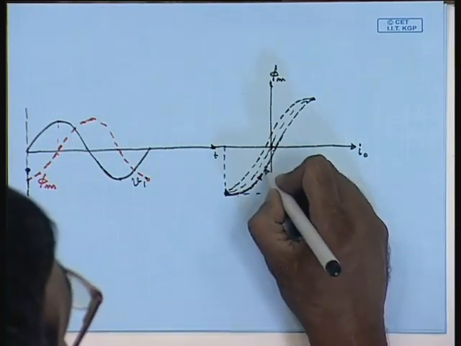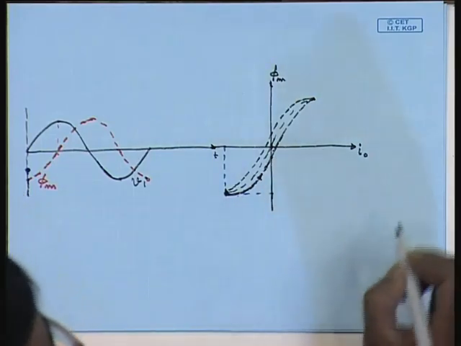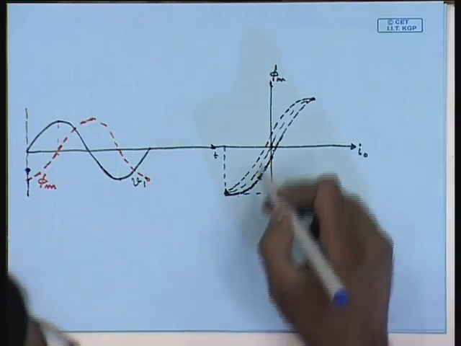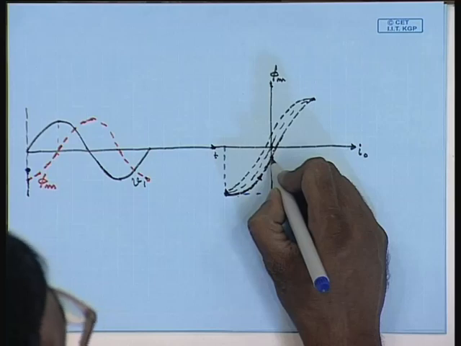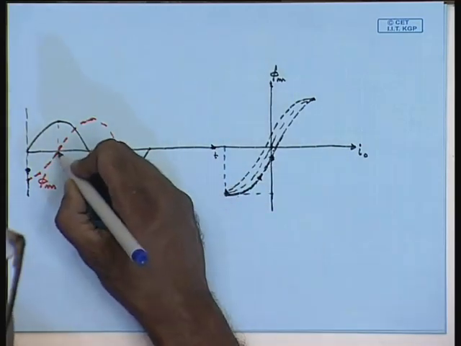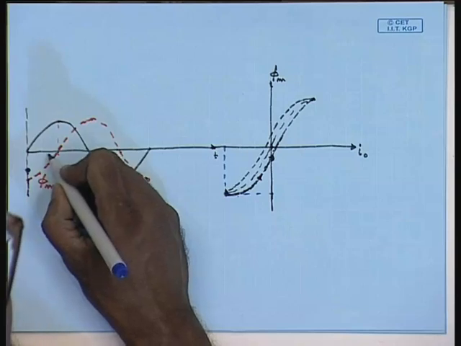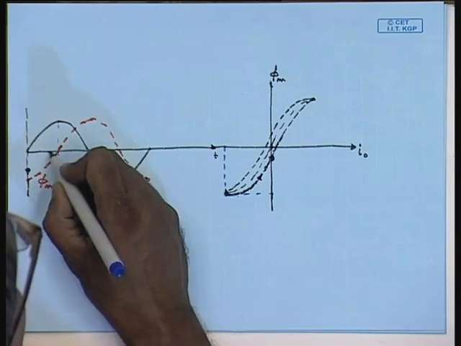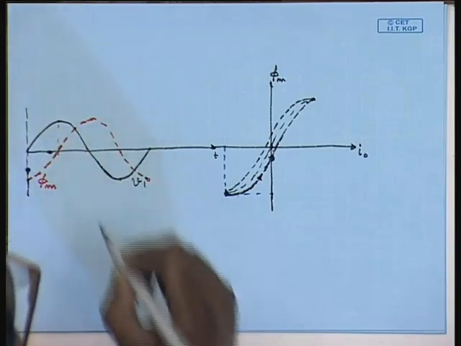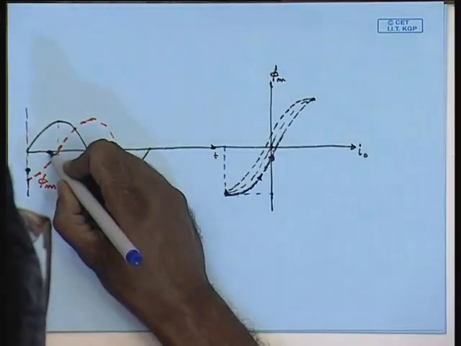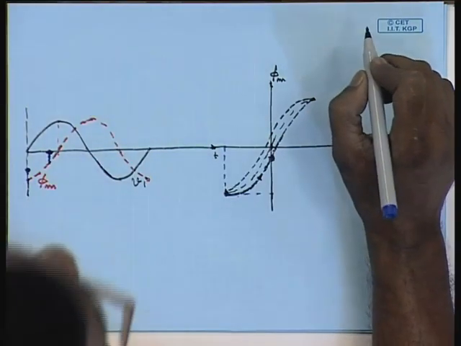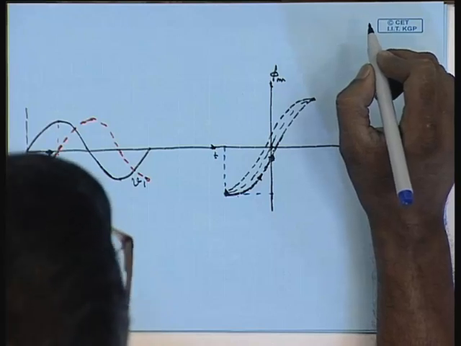So, we see that when the current becomes 0, the flux still has a negative component, that is, the current will become 0 before the flux becomes 0. So, this is the point where the flux will become 0, where some current still exists.